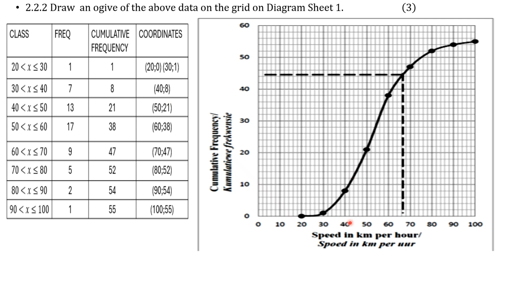Then I have 40 and 8, and then 50 and 21, 60 and 38, 70 and 47, 80 and 52, 90 and 54, and then 100 and 55 there on the top.